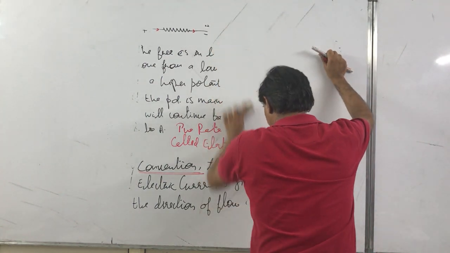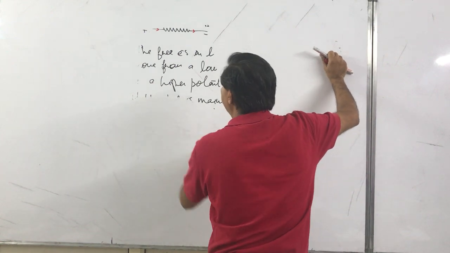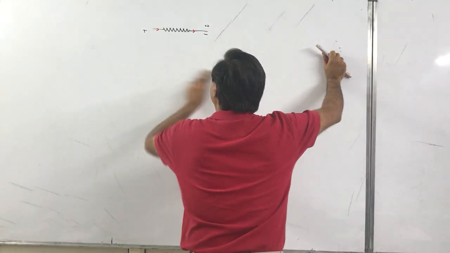Now, what is it that maintains the potential difference across the ends of a conductor? It is called a cell.